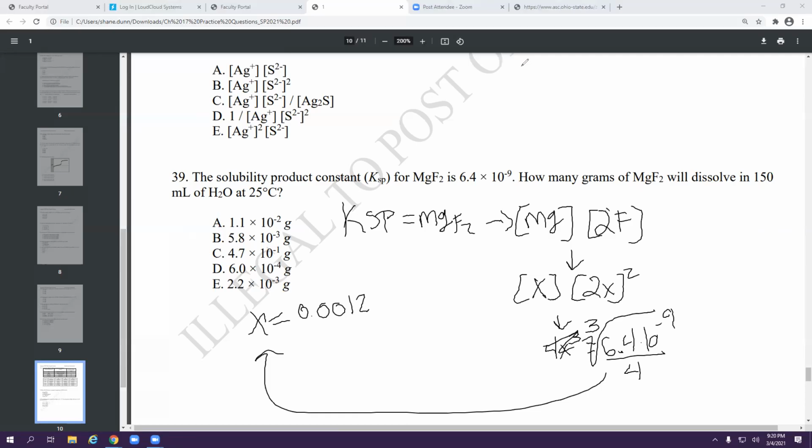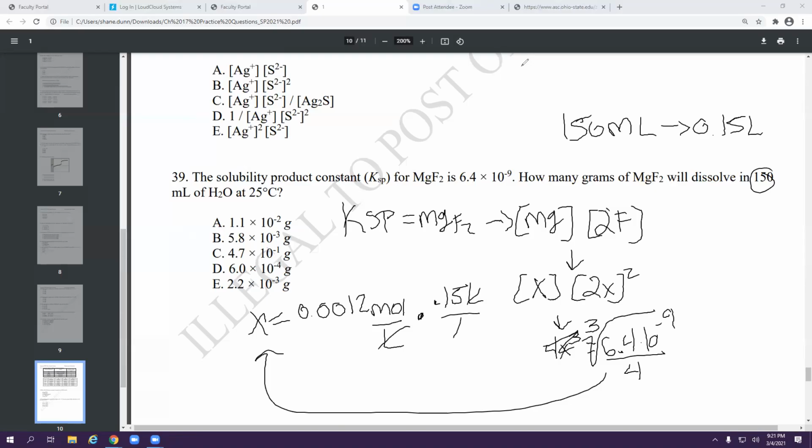Oh no, okay. So that's, plug that in, divide by 4, take that guy to the 1/3 power. 0.0012 moles per volume. And then I'm going to take my 150 milliliters, change that to 0.15 liters. Multiply that by 0.15 liters.